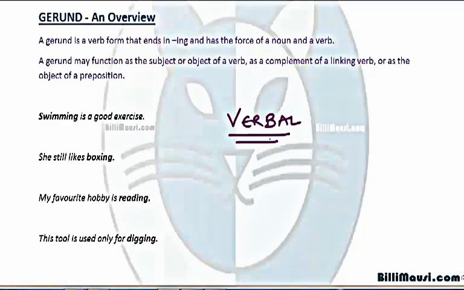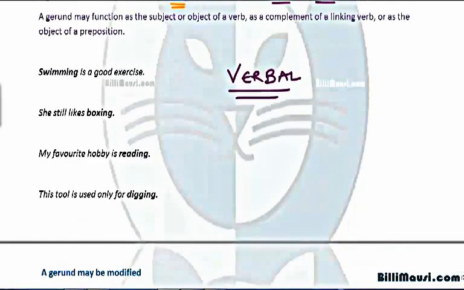So let's see what is gerund. As given in the introduction, gerund has the force of a noun and a verb, and it ends in ing. Please note this carefully. Gerund may function as the subject or object of a verb, as a complement of a linking verb, or as the object of a preposition. Let's see a couple of examples.